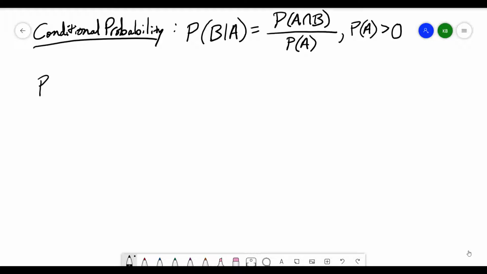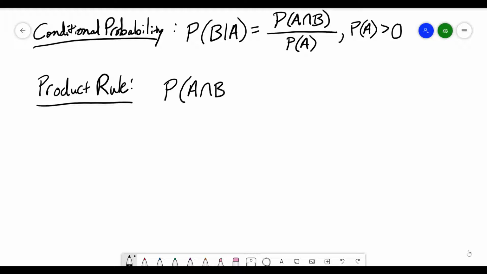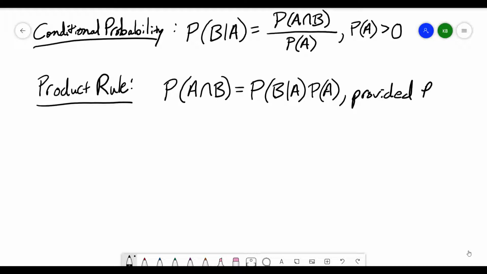Whenever we talk about the product rule, or the multiplicative rule, really all we're doing is solving this equation for the probability of A intersect B. So to do that, all we do is multiply both sides by the probability of A. And when we do that, we'll have the probability of A intersect B equals the probability of B given A times the probability of A, provided the probability of A is greater than 0.